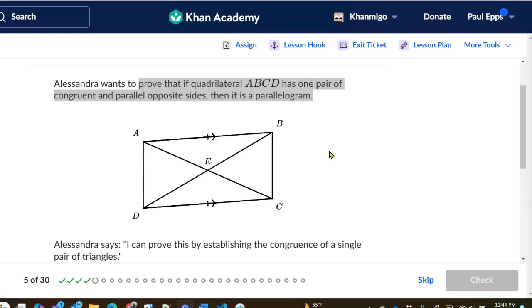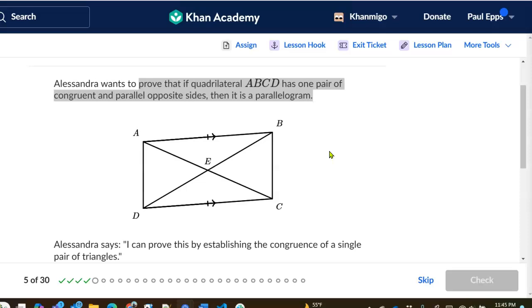Okay, so here's what we can do. We use the AC diagonal. AB is parallel to DC, that we are given, so we can conclude that angle BAC and angle DCA are congruent. They're alternate interior angles. Now we've got congruent triangles. ABC is congruent to ADC. Why is that?